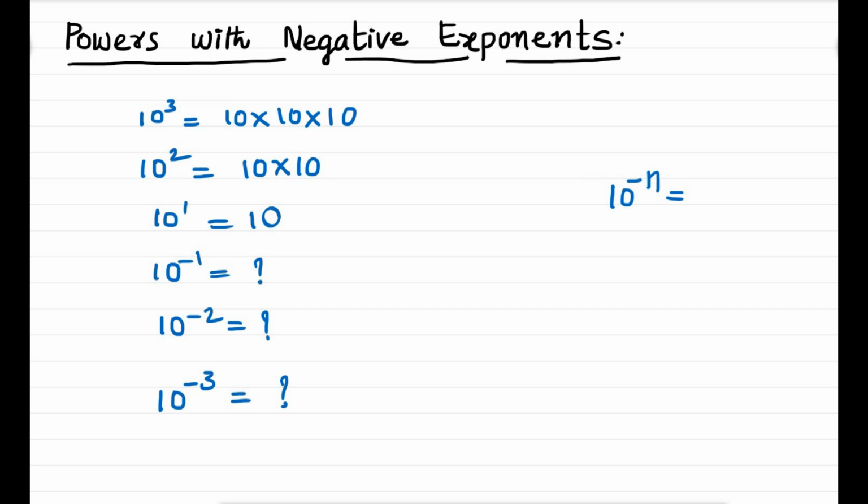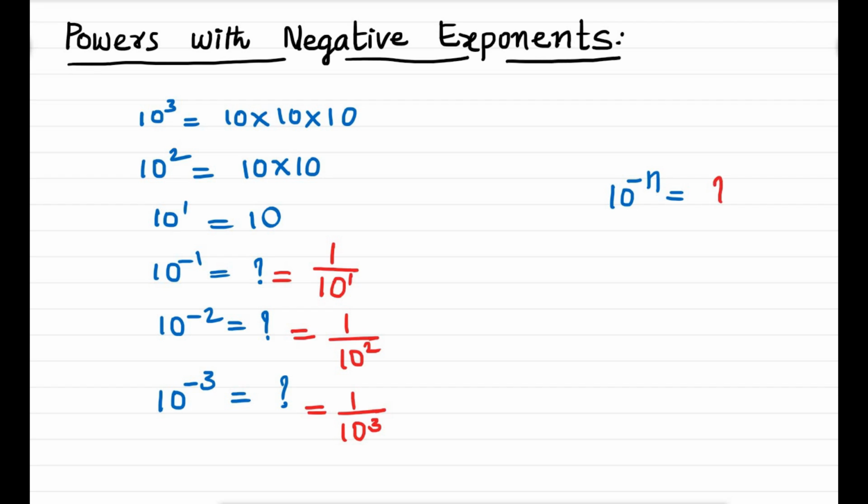Let us see how to solve this. 10 to the power of minus 1 can be written as 1 by 10 to the power of 1. This is the 10th part. 10 to the power of minus 2 can be written as 1 by 10 to the power of 2. This is the 100th part. And 10 to the power of minus 3 can be written as 1 by 10 to the power of 3. This is the 1000th part.